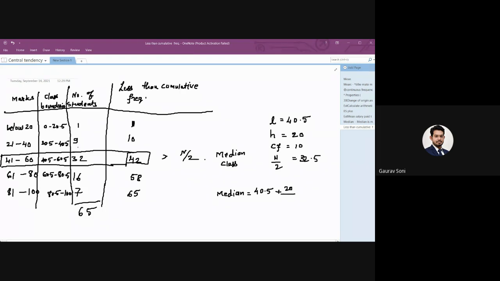What is the frequency of that class? 32. L plus h by f in bracket n by 2, which is 32.5, minus c, which is 10. So the median is 54.56. This is the median.